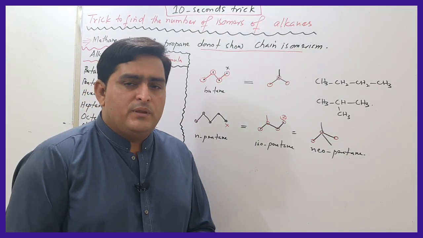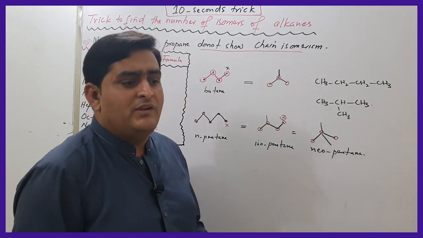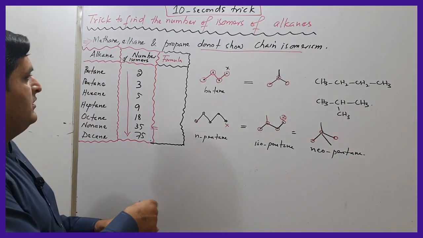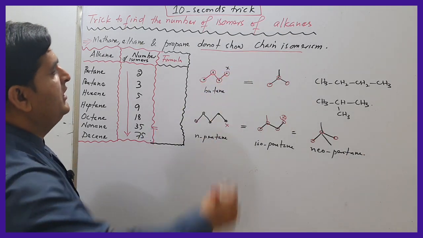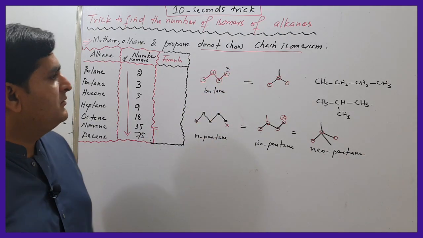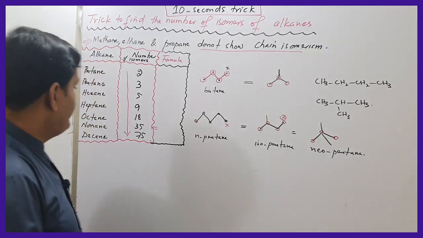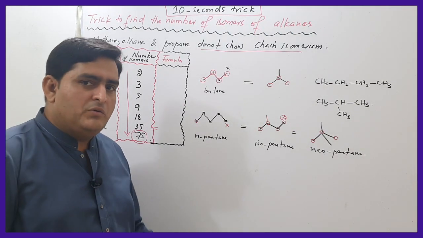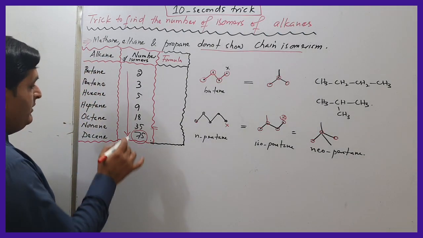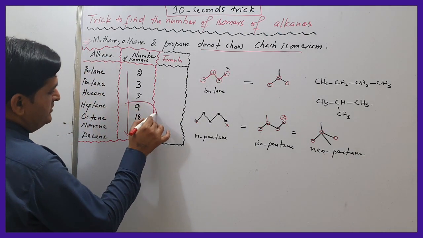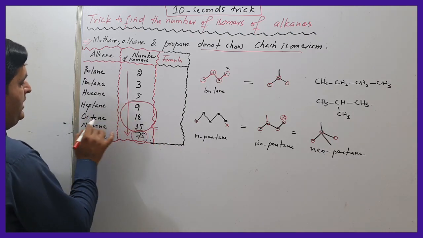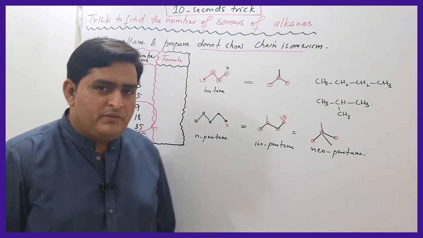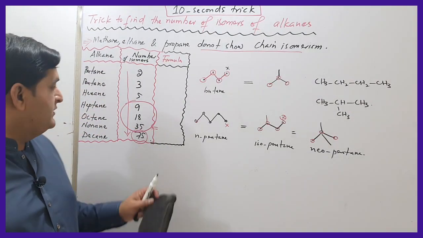If you are a student of medical, you can easily memorize these 10 values, but for confirmation: when we are talking about methane, ethane and propane, there are no isomers, there is no issue. If we are talking about decane, if your memory is strong, you know it is 75, no problem. But in between, if the question comes on heptane, octane, nonane, you may be confused about what the correct option should be if all options are given.